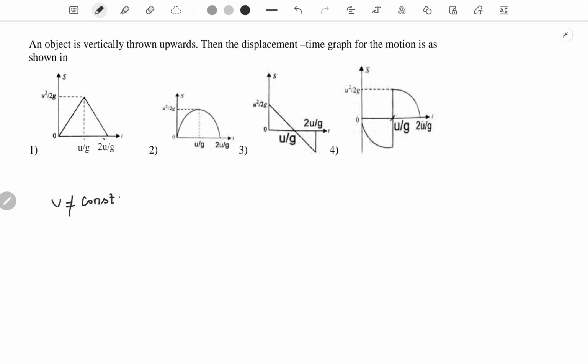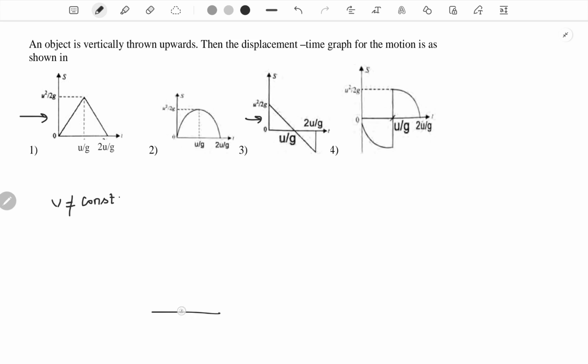So the displacement time graph would be a straight line only if velocity is constant during the interval of time, but definitely since the body will undergo acceleration due to gravity, it will not be constant. So definitely the graph cannot be a straight line in any interval of time. So both options 1 and 3, where portions of the graph are straight lines, are wrong.